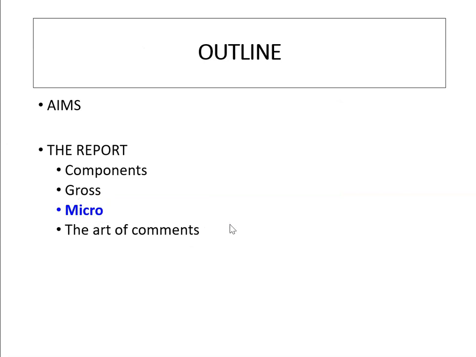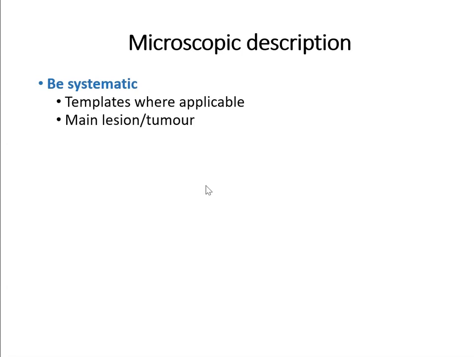Now I'm going to move on to microscopy. And for the microscopic description, again, it is important to be as systematic as you can. Apply the templates where applicable, and I'm sure many departments will have templates that they use, particularly for tumor resections.